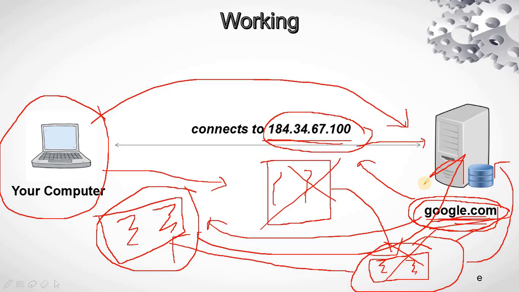Similarly, there are millions of domains in this entire world, and it is not possible to mug up each and every domain name's IP address. Will you be able to? Obviously not. So a domain name gets a certain name, like google.com in this case, and it has a respective IP address attached to it.